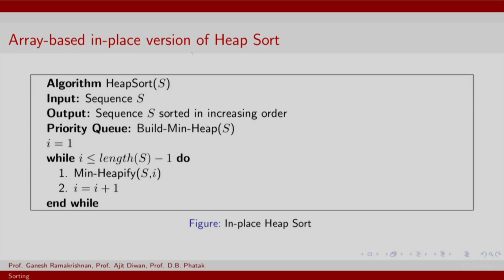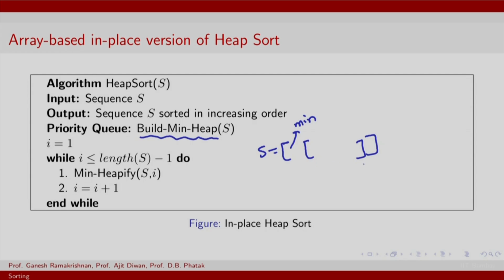And here is the algorithm more formally. Given an input sequence S, the first step is to convert S into a min heap, and you would like to do this in place, of course. You do not want to use an auxiliary data structure. This can be done. So the idea is to iterate from the left to the right. We already expect after the build min heap operation, we expect the first element of this array to be the minimum element. So what you need to do subsequently is min heapify the remaining array.